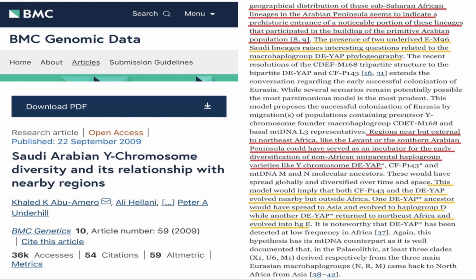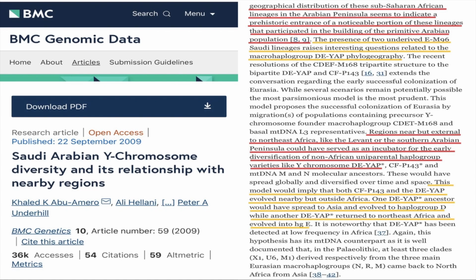Regions near but external to northeast Africa, like the Levant or the southern Arabian Peninsula, could have served as an impetus for the early diversification of non-African paternal haplogroup varieties like Y chromosome DE-YAP star. This model would imply that both CF-P143 and the DE-YAP evolved nearby but outside Africa.